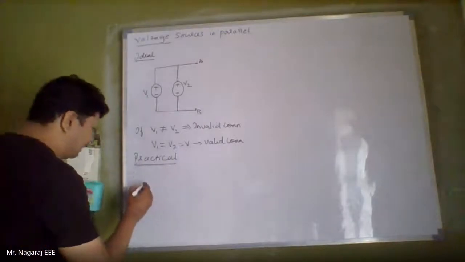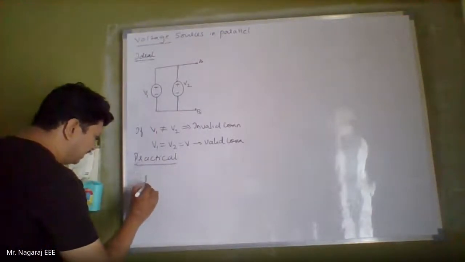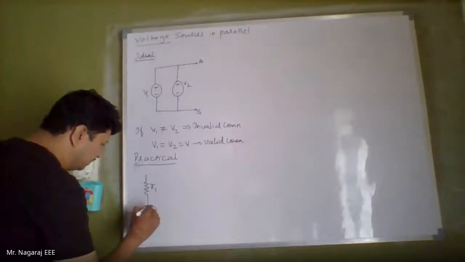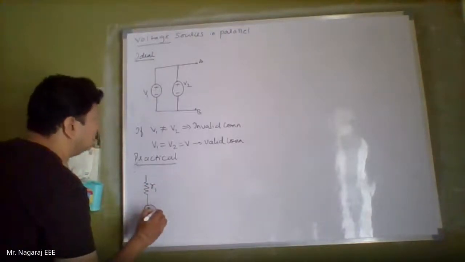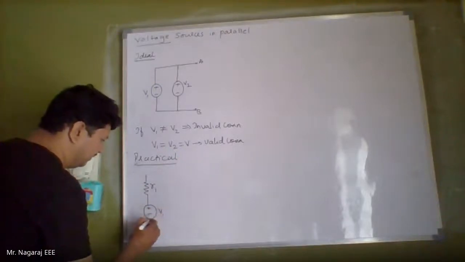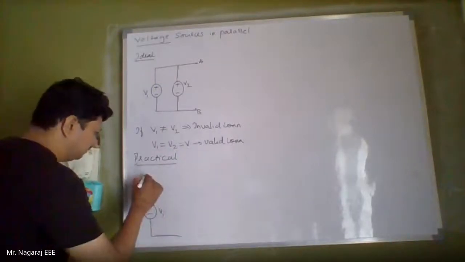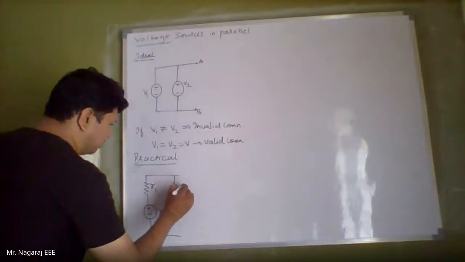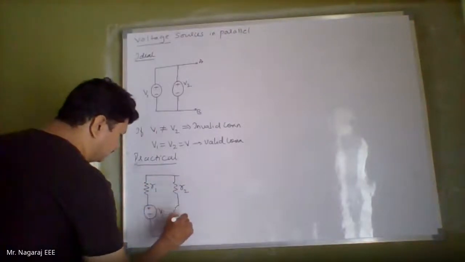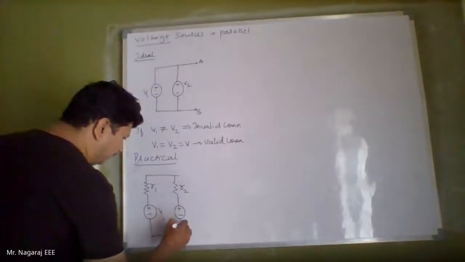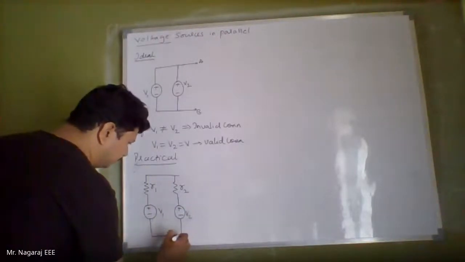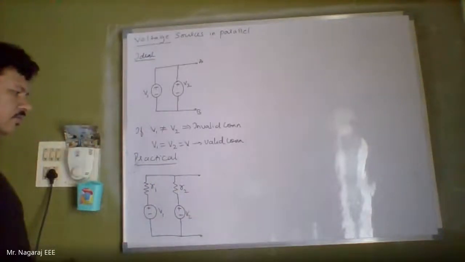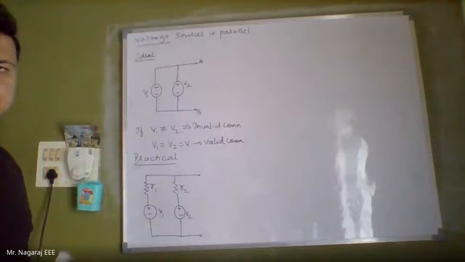Practical case, I have an internal resistance of R1 ohms with a voltage value of say V1. Second source is having internal resistance of R2 ohms with a voltage value of V2. Okay. So now what I have to do, I have to convert the voltage sources into current sources.